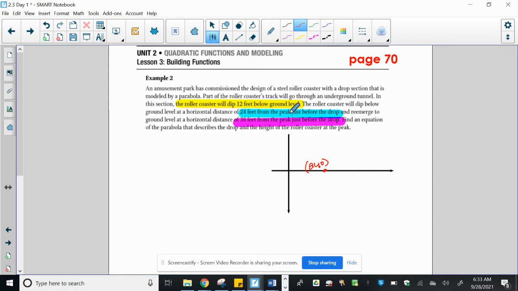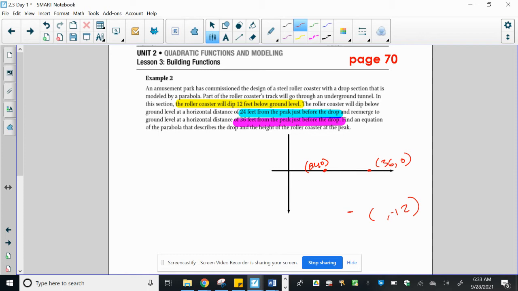Then it reemerges to ground level at horizontal distance 36 from the peak. So we're back to ground level 36 feet away. And then the roller coaster will dip 12 feet below ground level. So this lowest point here has a y value of negative 12, right? 12 feet below ground level.